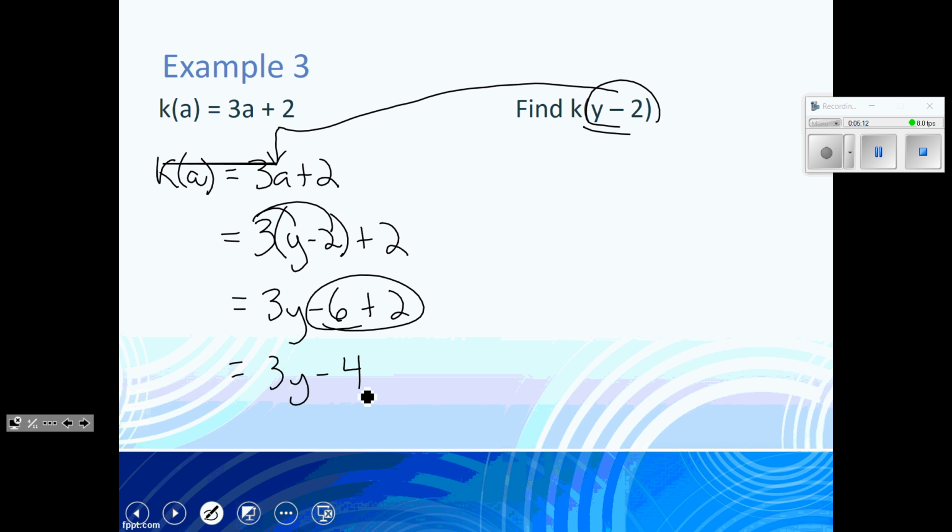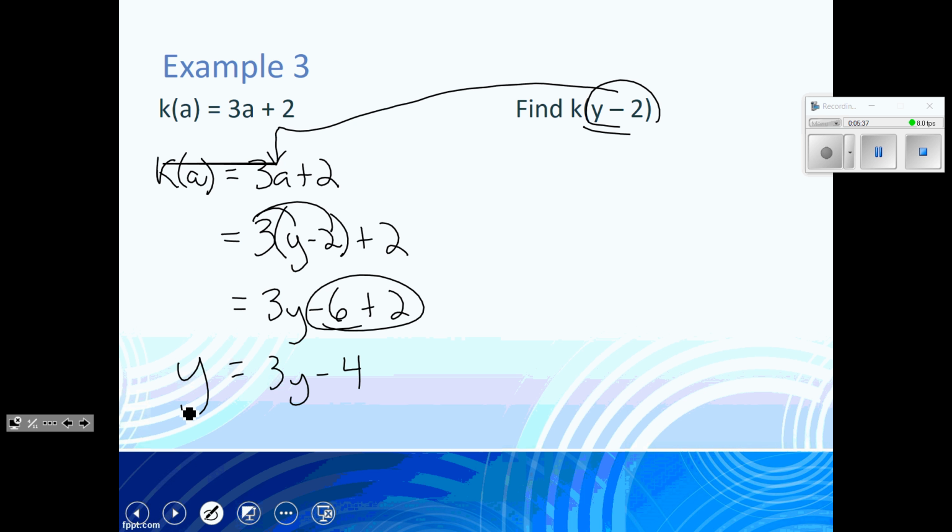And I'm finished. Now, we had the discussion earlier today on what goes on the other side. Well, we know it's the output, the y. But be careful because I'm plugging in y for the input. So be careful when you say y equals 3y minus 4, because some people would say, can't you move that y over there and combine like terms?